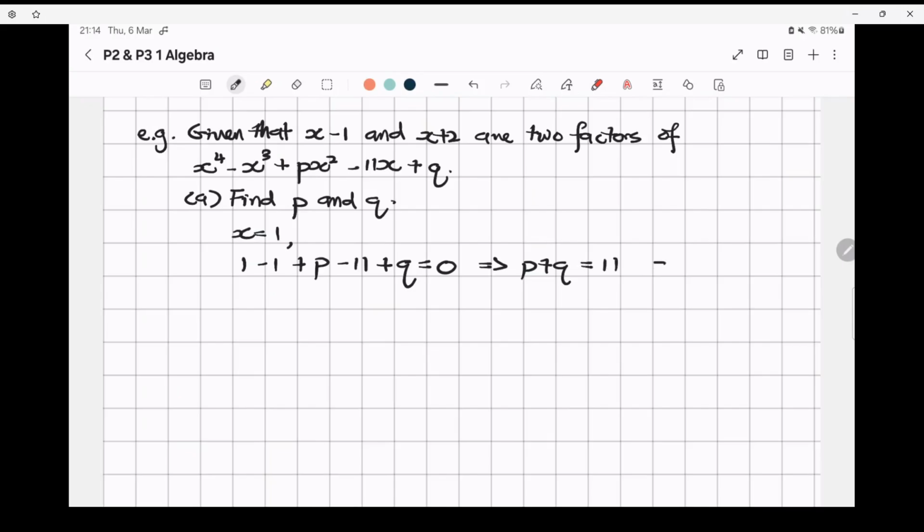So that's your first equation. When x equals minus 2, 16 plus 8 plus 4p plus 22 plus q equals 0. I hope I substitute everything correctly.